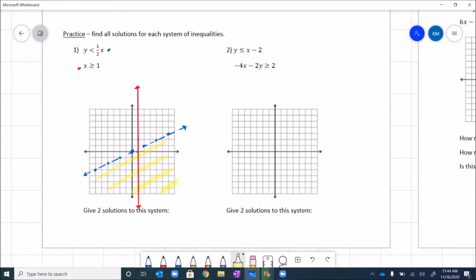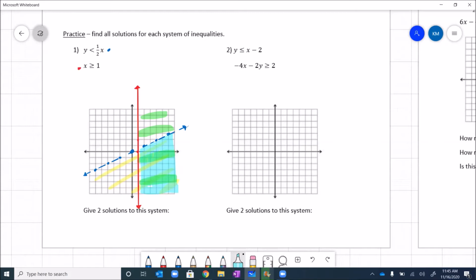Shade to the right of this line, kind of sparsely. Okay, and so the region that has both green and yellow in it is where my solutions are. Okay, and so actually I should have probably used blue, but anyway. And that is this region down here. So somewhere in here is where our solutions would be.